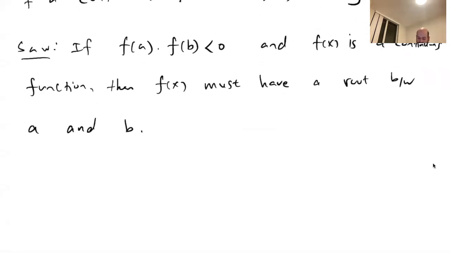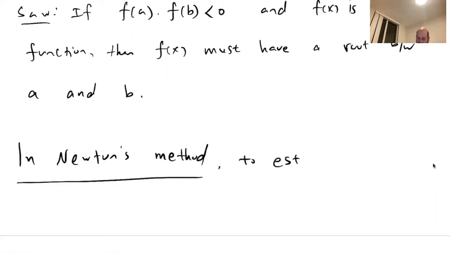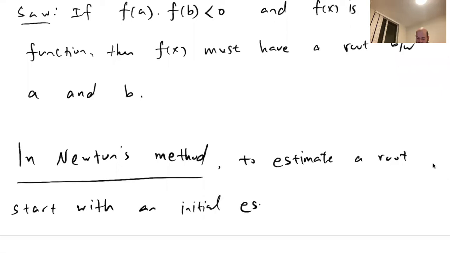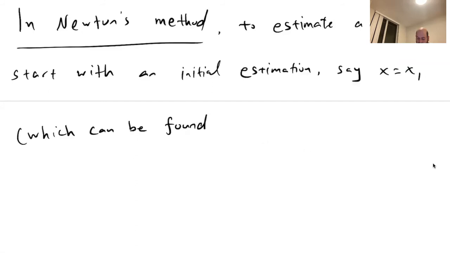In Newton's method, to estimate a root, start with an initial estimation, say x equals x1, which can be found using IVT.